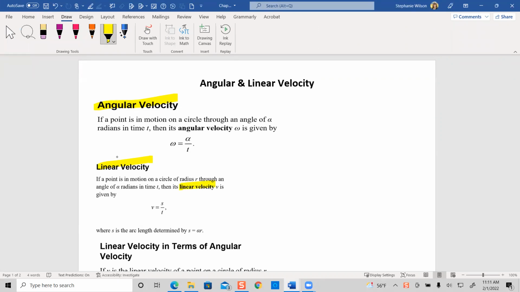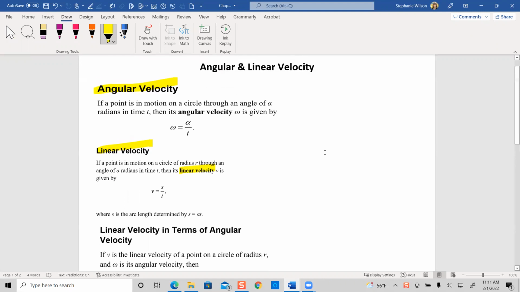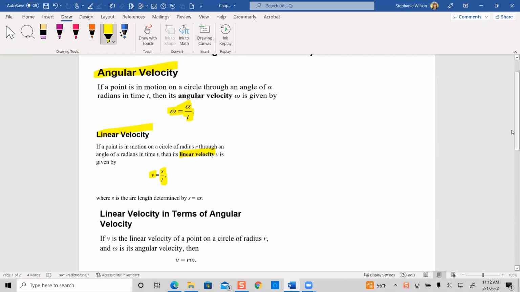Okay, so we are given these formulas. Our angular velocity is omega equals alpha over t, so time. The linear velocity is equal to s over t, our surface, also called our arc length, which has a formula as well.